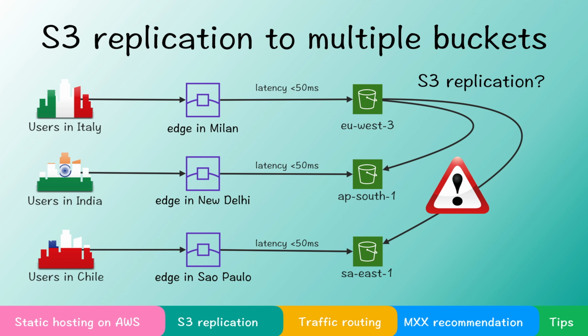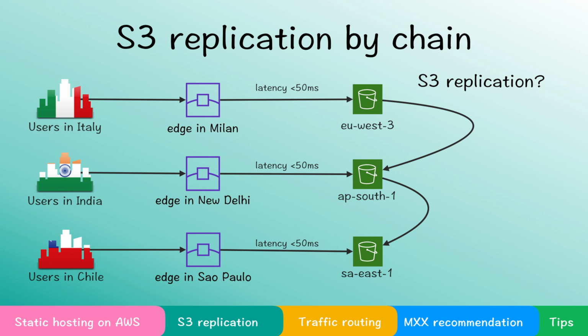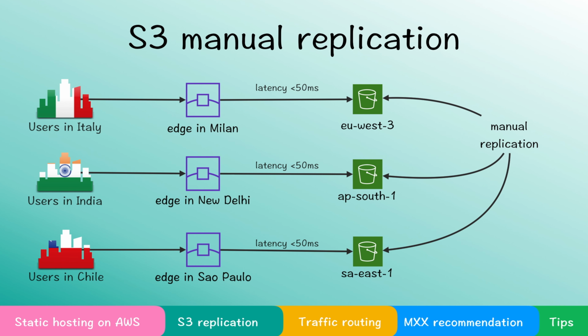Okay, maybe then we can configure replication by chain. So the first bucket replicates to the second, then the second bucket replicates to the third. Unfortunately not. It's also not gonna work. And the only solution that Amazon left to us is to do replication manually. So, okay, we can have multiple S3 buckets. We can deploy objects to them manually. Okay, at least it's gonna work.